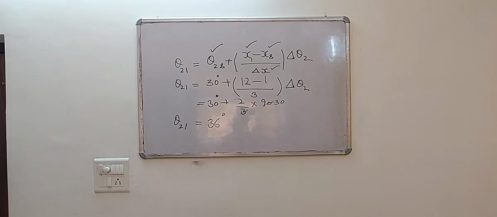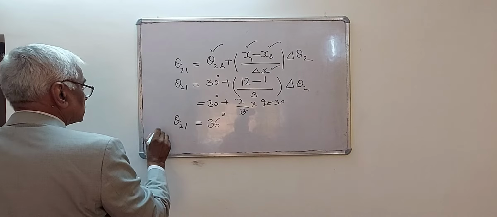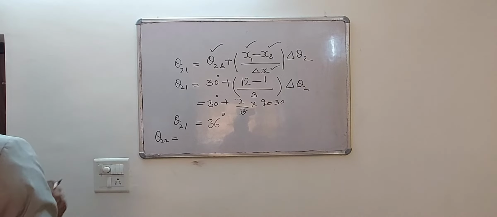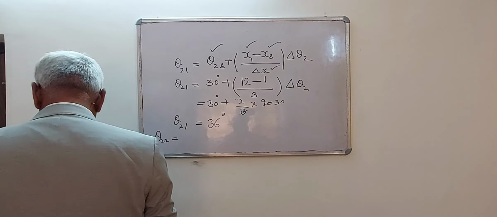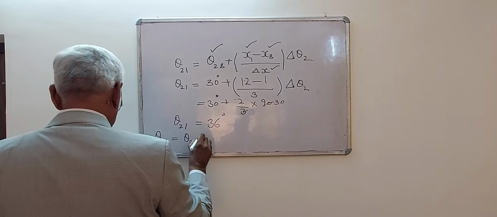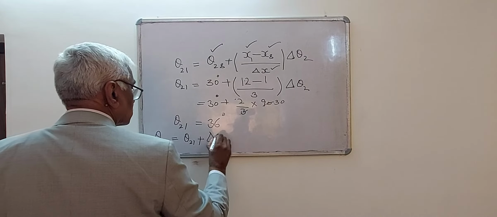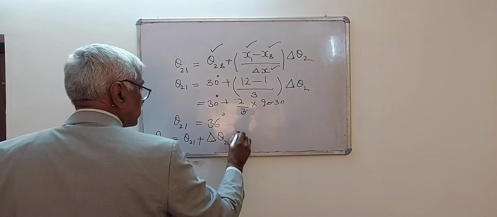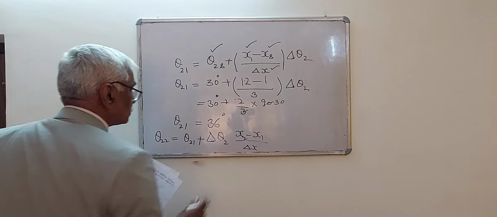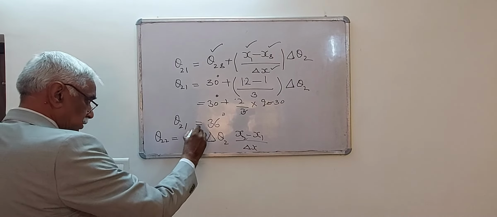Now, theta 22 is equal to theta 21 plus delta theta 2 into x2 minus x1 divided by delta x. It is 36 already calculated.